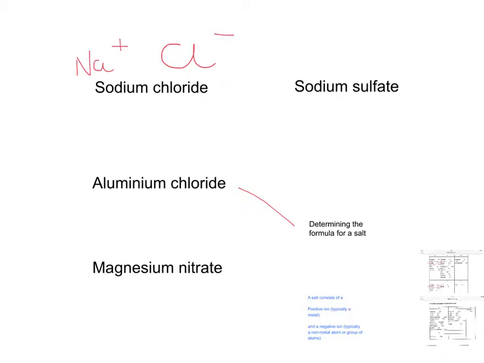What we need to remember is that the charges on our positive and our negative ion have to add up to equal 0. So here I've got +1, here I've got -1, and if we add those together, we end up with 0. So our formula for the salt sodium chloride is NaCl.